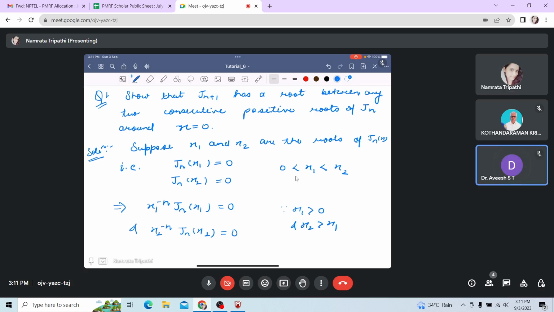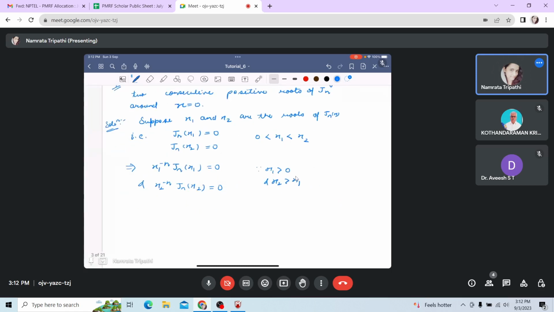Yes, ma'am. Okay. Now we will use Rolle's theorem. Have you heard about Rolle's theorem? No, ma'am. Okay. Rolle's theorem says that if two consecutive roots satisfy any function, then there exists a root between these consecutive roots at which the derivative of the function is equal to 0.